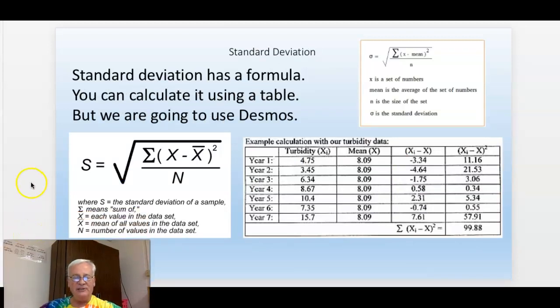Guys, standard deviation does have a formula. It's a big, long formula. You can calculate using a table. It's a long calculation because you have to add up. This sigma symbol right here means add them up, sum them all up.